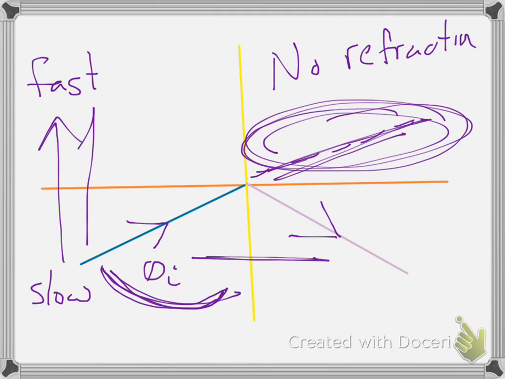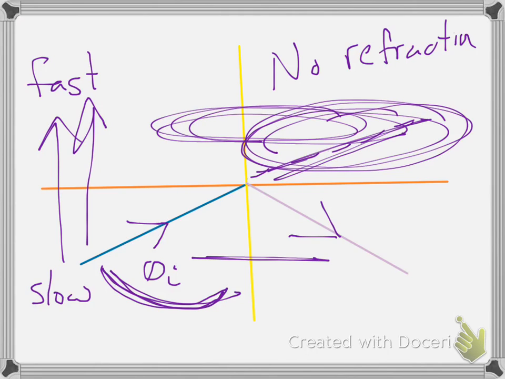You're going from a slow to a fast medium, and also your angle of incidence is at such an angle that your angle of refraction is continually getting greater and greater to a point where it actually just reflects inside the same medium. So no light comes out here. It starts inside the slow medium, doesn't exit, and comes right back in. And that's referred to as total internal reflection.